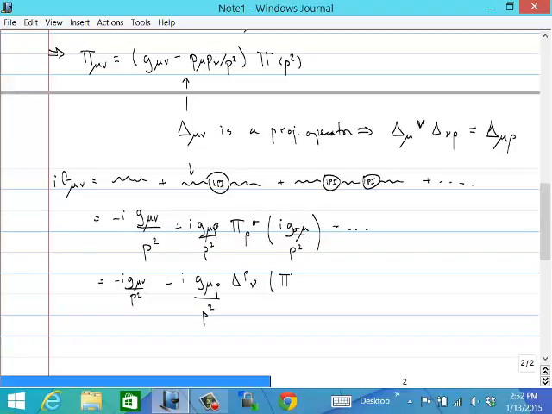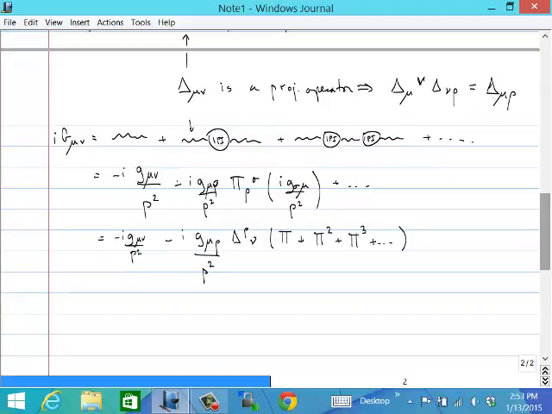And then if you think about it, the 2 pi, 3 pi, and so forth contributions will just give you additional factors of pi squared, pi cubed, and so forth. So we can then just combine the sum using the fact that 1 plus pi plus pi squared plus pi cubed and so forth is just 1 over 1 minus pi.